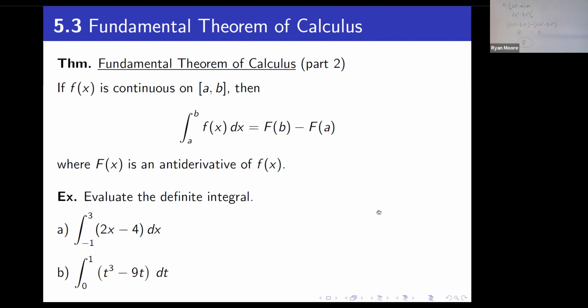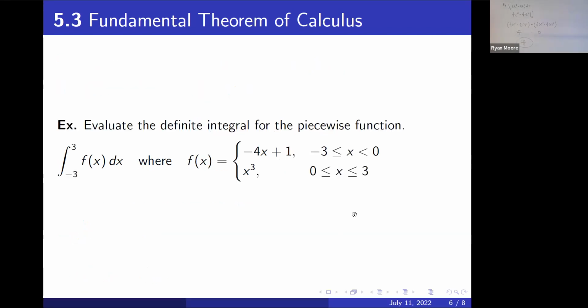Okay. Go back to the lecture. One more example I want to look at before we talk about the fundamental theorem part 1. Let's take a look at this. Evaluate the definite integral for this piecewise function.